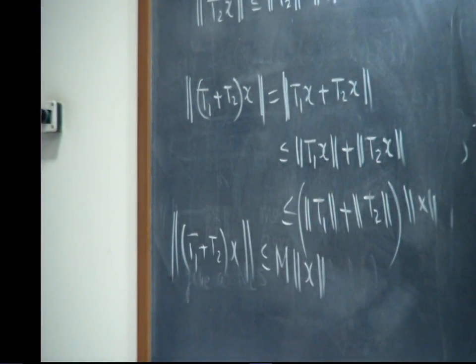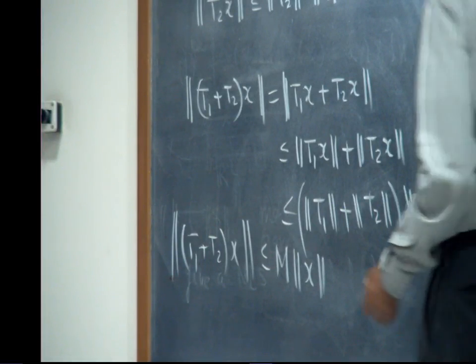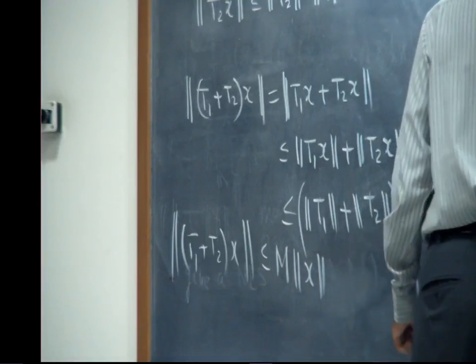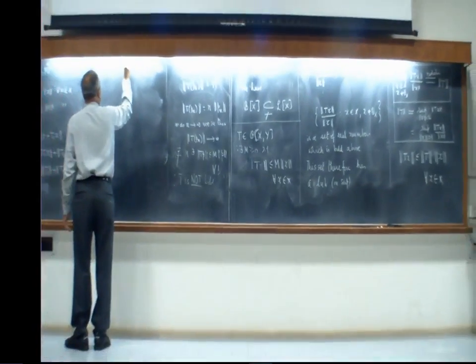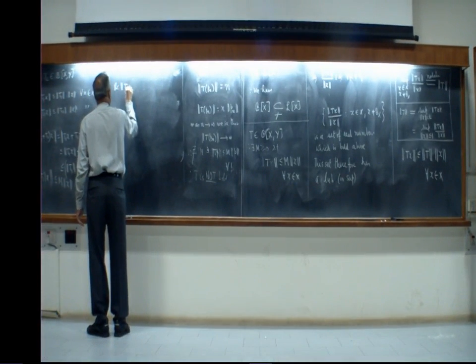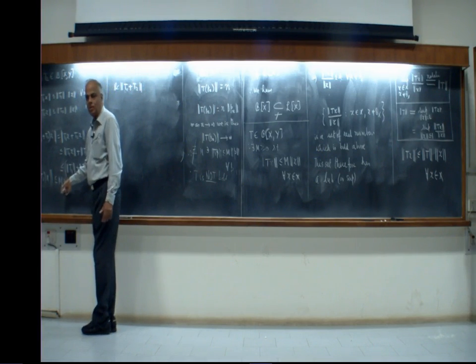So, what does that tell about the sum operator? That is also a bounded linear operator. So, the sum of two bounded linear operators is also a bounded linear operator. Therefore, this implies T1 plus T2 belongs to B(X,Y). Not only that, the norm of T1 plus T2 must be less than or equal to this constant.